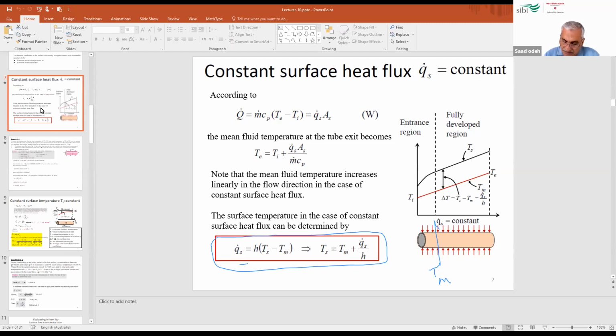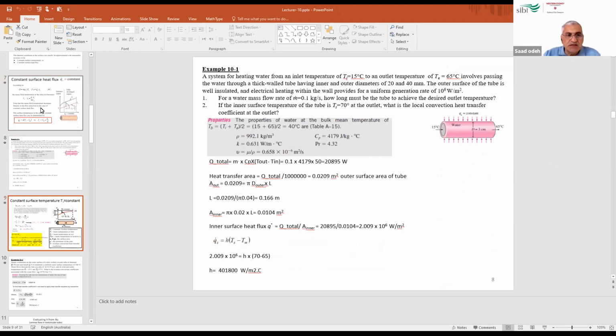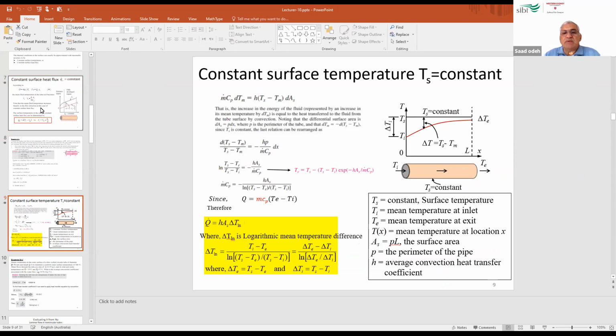As you can see in this graph, this is the delta T, which is Ts minus Tm. And you can see anywhere along the tube or the pipe, we have almost the same delta T.